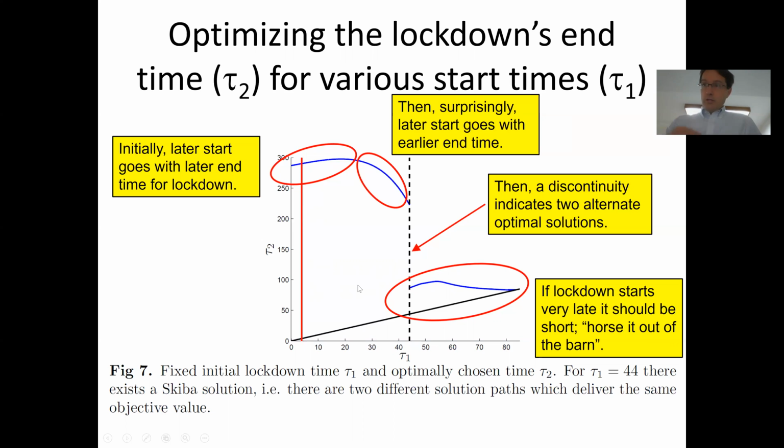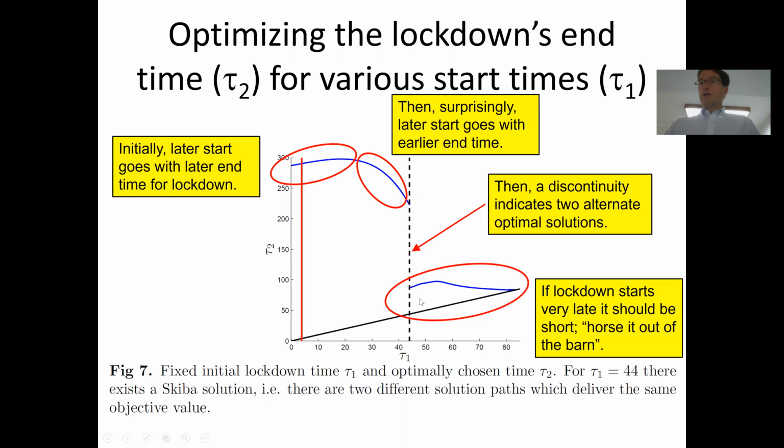And if you don't get the lockdown started until after day 44, then you should end it around day 90 or 100, to the point that if you don't get started by about day 85, don't bother with the lockdown at all. So what that's saying, in an American colloquialism, is, at that point, the horse is out of the barn. It's just too late. This epidemic moves so fast, it will have ripped through almost the whole population.